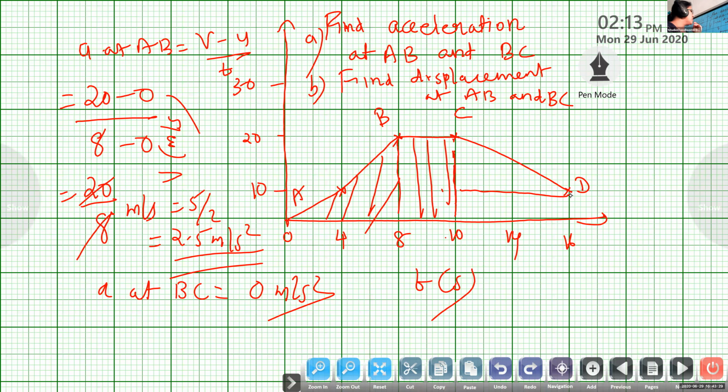Find the displacement at CD. Just stretch this line from C to D and you will get a triangle. Apply half BH. The base is the same, but you have to find the height between 6 and 10. That you will do by yourself.